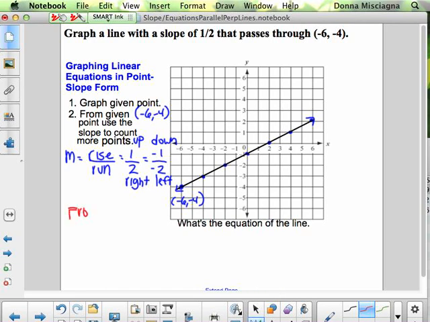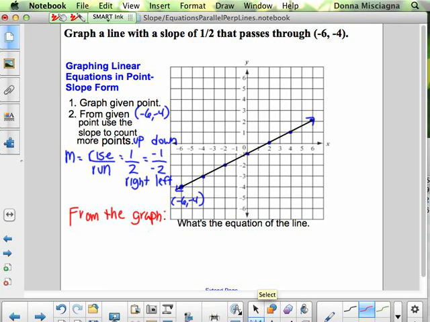We can do that because we literally counted and landed right on the y-intercept. So if you count and land on the y-axis, then you can simply write the equation of your line in slope-intercept form.